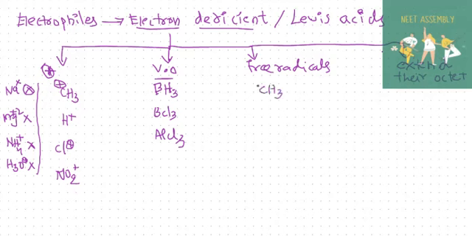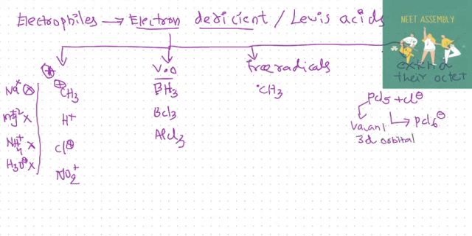Next, those which can extend their octet, for example PCl5. PCl5 plus Cl minus can convert into PCl6 minus. Phosphorus has a vacant 3d orbital, so it can extend its octet.